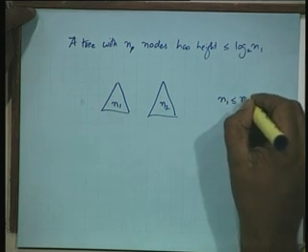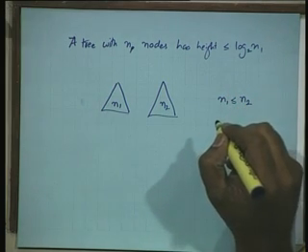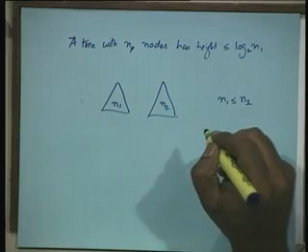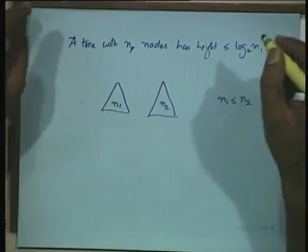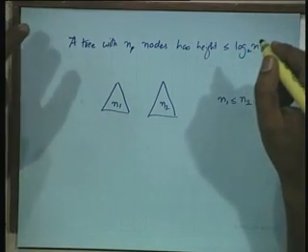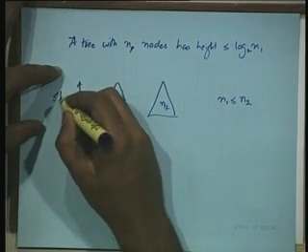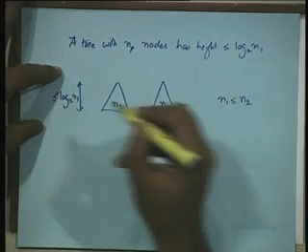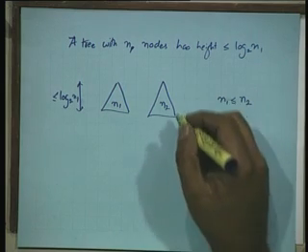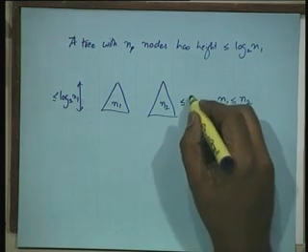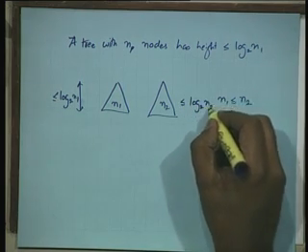Without loss of generality, let us say n1 is less than or equal to n2. Let us assume that the induction hypothesis is true till this stage of my procedure. That means that its height is less than or equal to log of n1, and the other's height is less than or equal to log of n2.